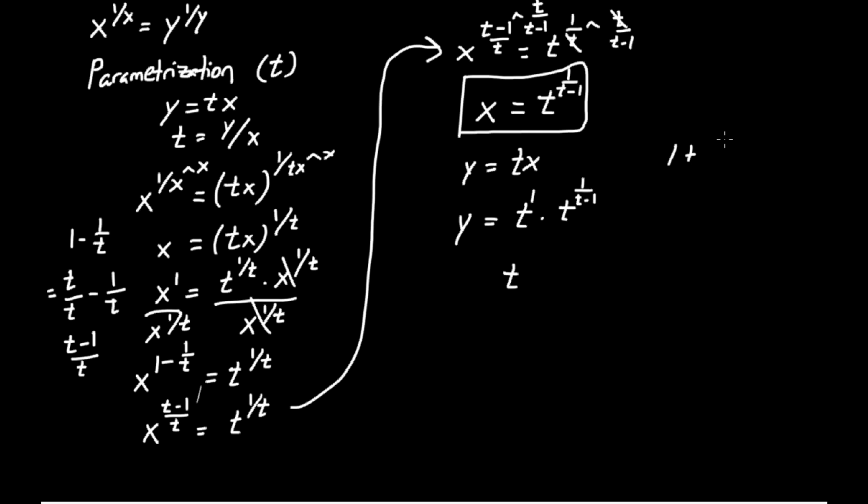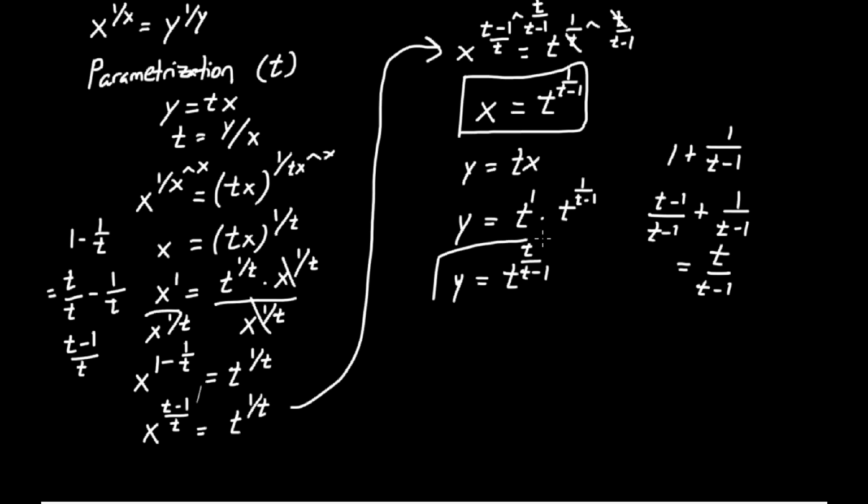So let me write that out here. 1 plus 1 over t minus 1. 1 can also be written as t minus 1 over t minus 1. Then I have that there, 1 over t minus 1. I combine the numerators. That minus 1 and the 1 are going to cancel. So I get t for the numerator, and that's over t minus 1. So for y, the new exponent becomes t over t minus 1.